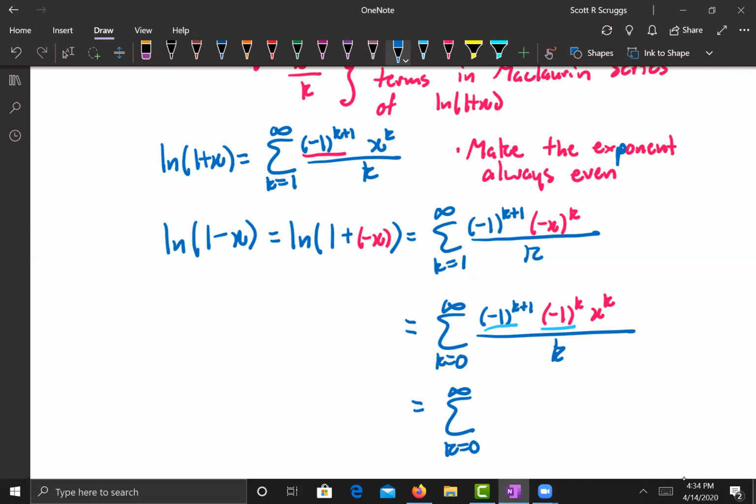That needs to definitely be a 1, because otherwise I'll divide by 0 at k equals 0, of -1 to the 2k plus 1 x to the kth power over k.